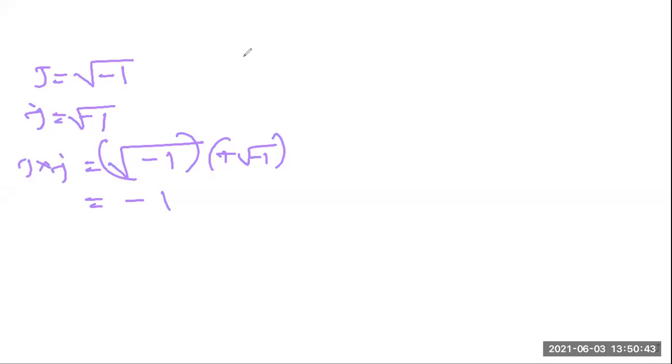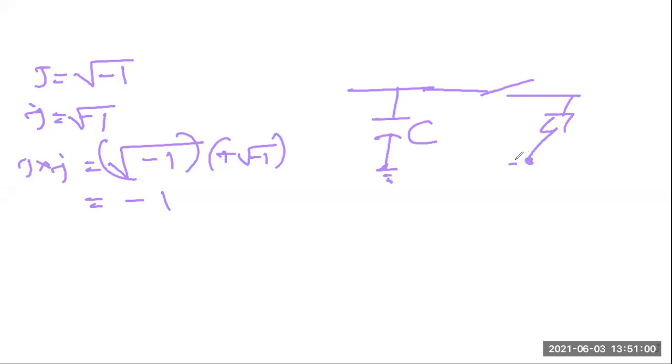Suppose in a line, a capacitor is connected, for example. Now when you are connecting a capacitor, let us say this is the line and it is open circuited. Load is not connected. This is your load.